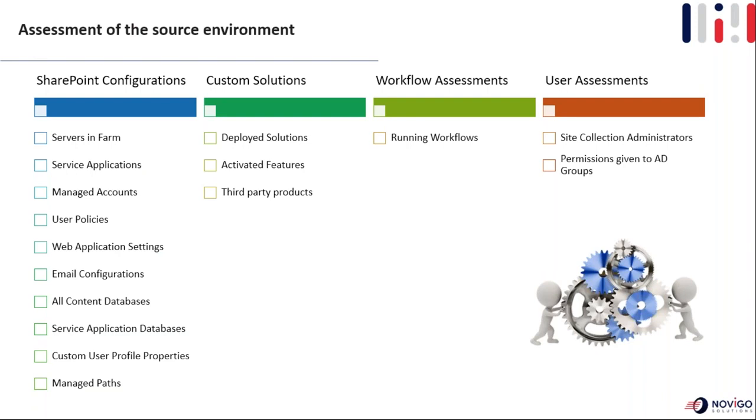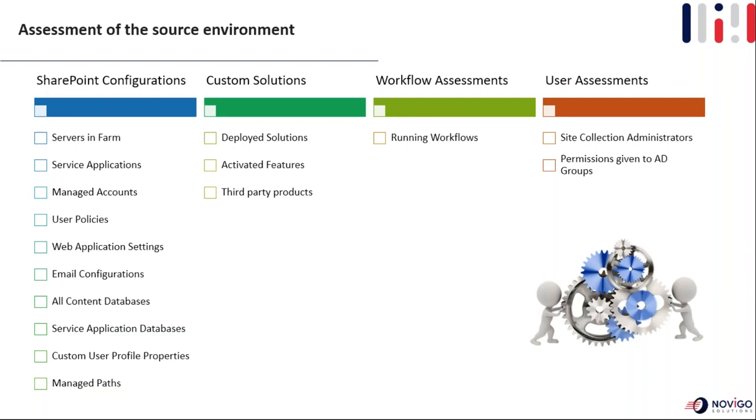While you might be able to get away with this for a single server development environment, and there are many blogs out there detailing how to do this, attempting to do this with a production or a multi-server farm is a very bad idea and is in fact unsupported. So you need to assess the source environment very carefully.